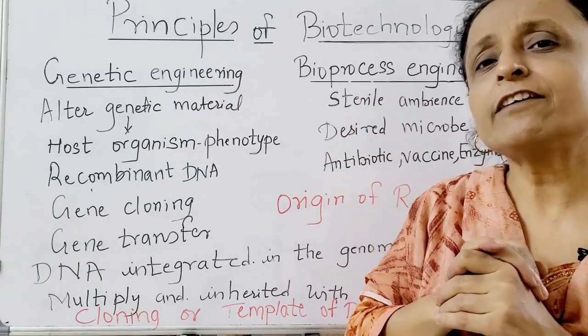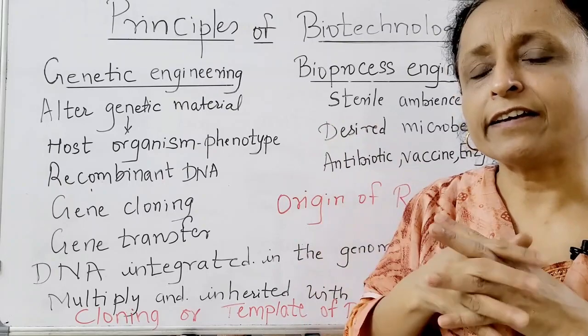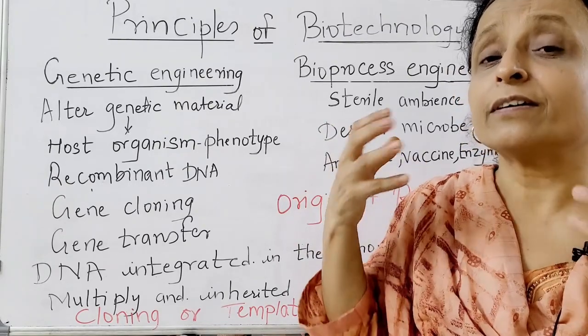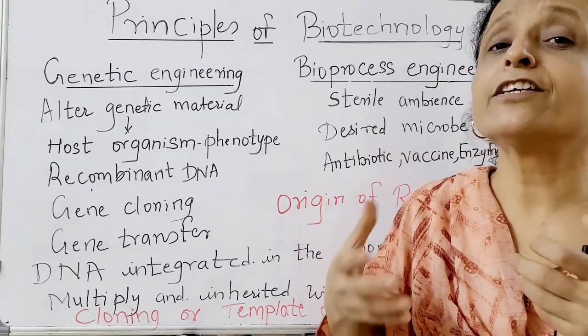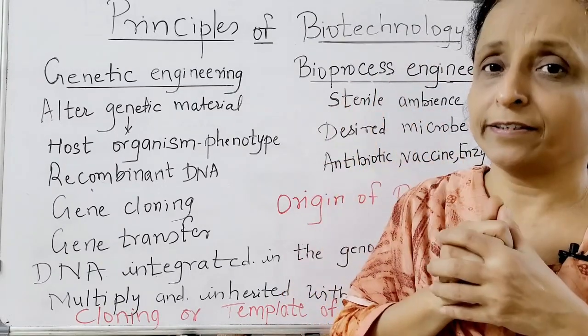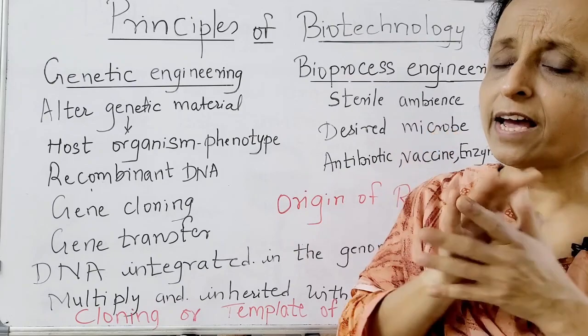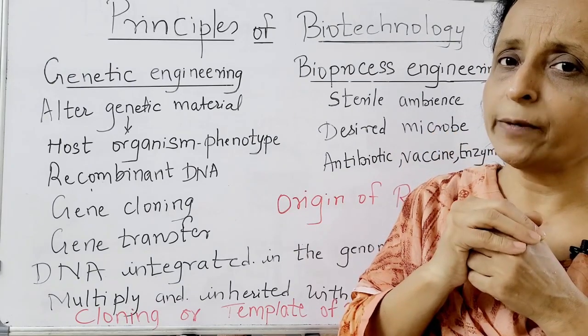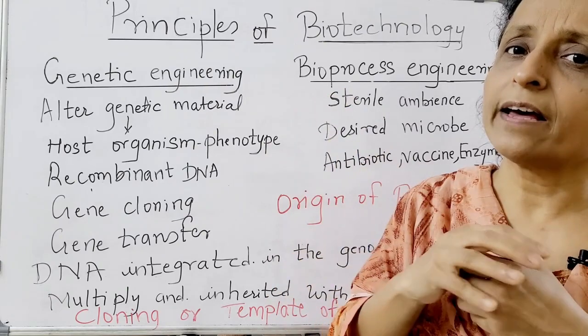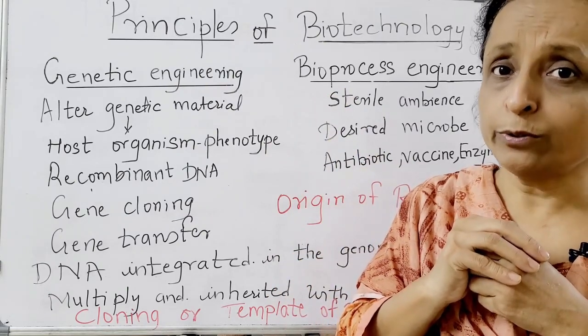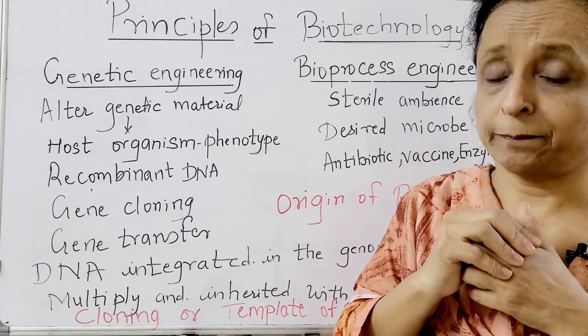Now, humans have tried to use this, so they have used animals by hybridization to create new characters. Along with the desirable characters, the undesirable characters also come into the phenotype.